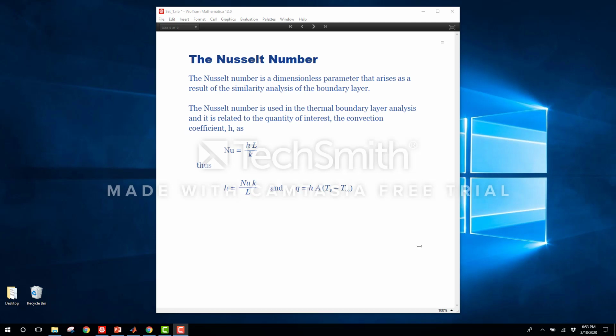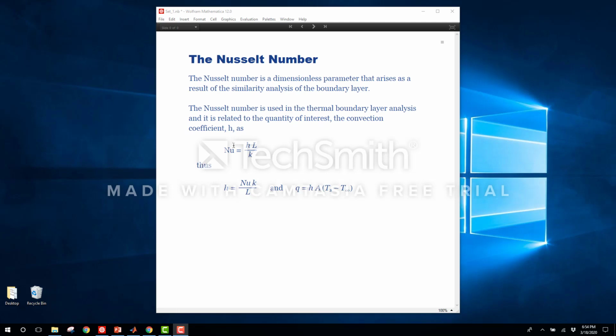So the Nusselt number is this dimensionless parameter, and it's related to the actual quantity of interest that we're looking for, the convection coefficient h, where the Nusselt number is defined as the convection coefficient times the length scale of interest divided by the thermal conductivity of the fluid.